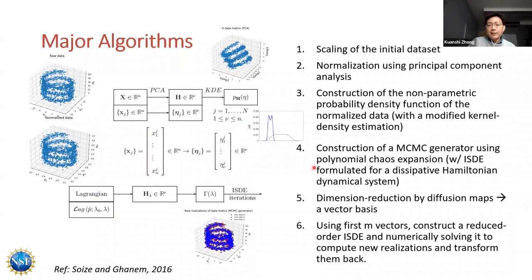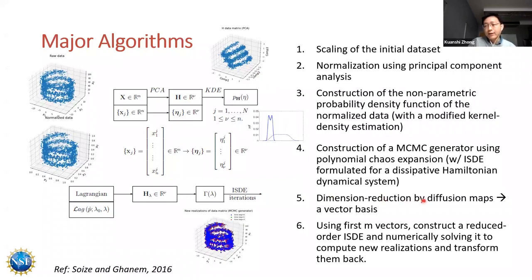After that, because it can be really high dimensional once we look into a sample of the data, we also do the dimension reduction to help identify where the data is actually concentrated. For instance, in this example, we maybe only need some dimensions, where the data is concentrated in the simple spiral structure. So here we, Dr. Soize and Dr.